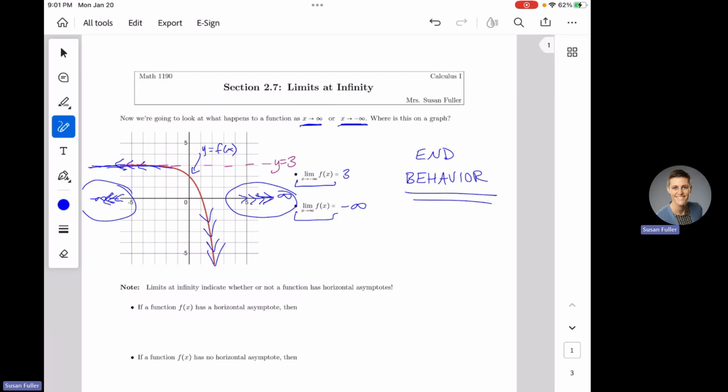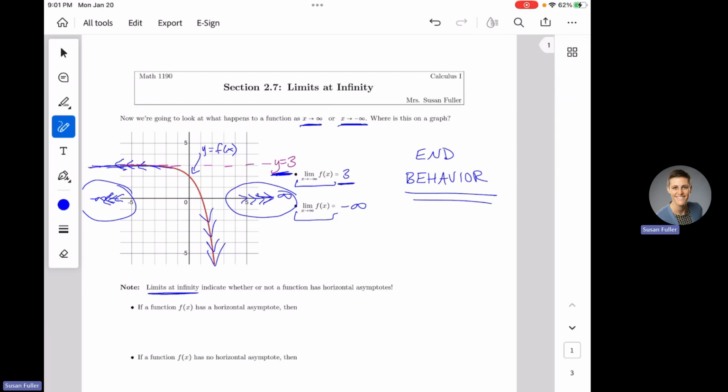But before, I want to kind of come back to this and notice we had a limit at infinity, right? And it indicated a horizontal asymptote for us because notice this horizontal asymptote was y equals 3, and that horizontal asymptote was basically what helped create this limit.